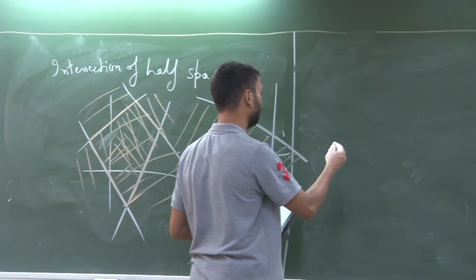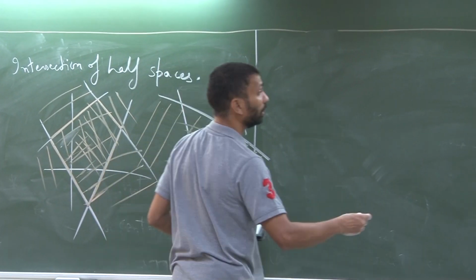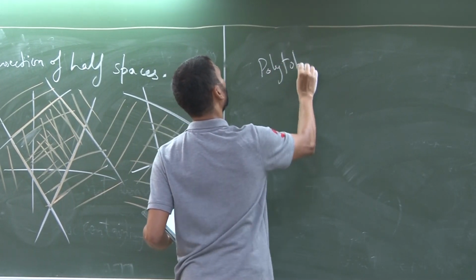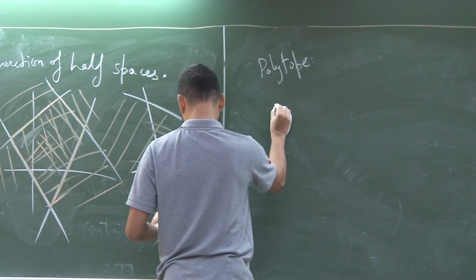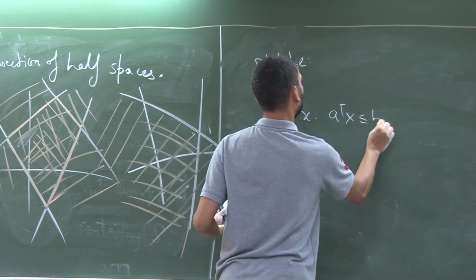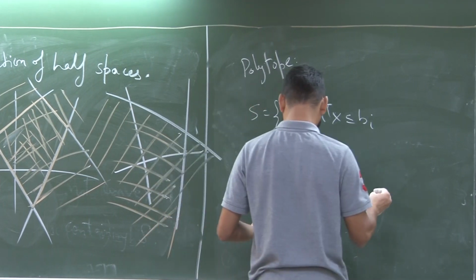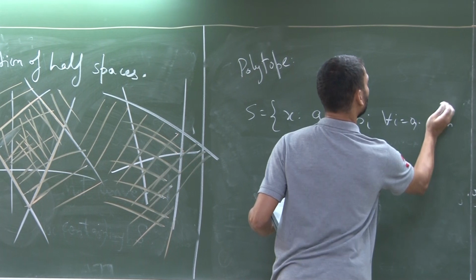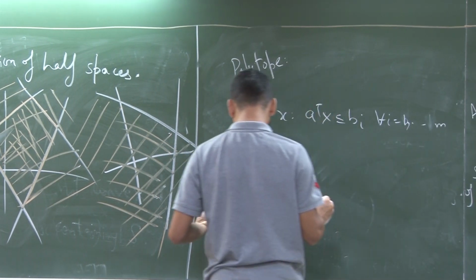So, now I can give you a mathematical definition of a polytope, which is a set S which is described by some inequalities.